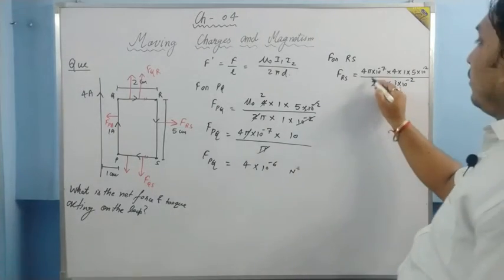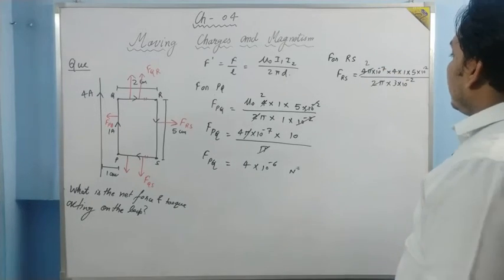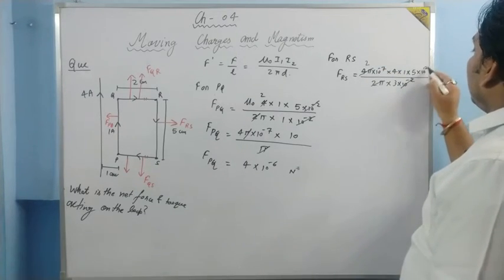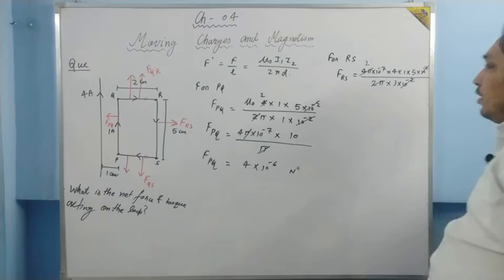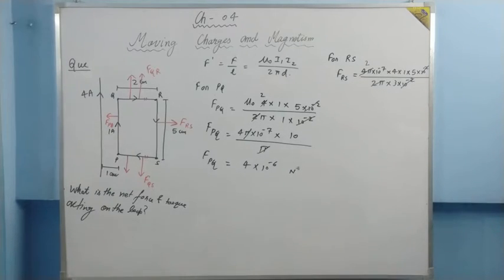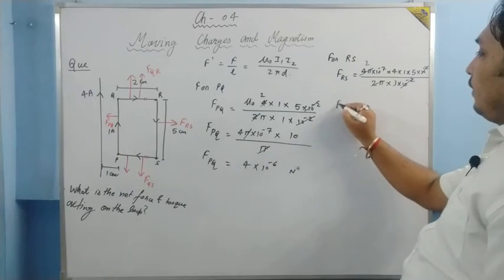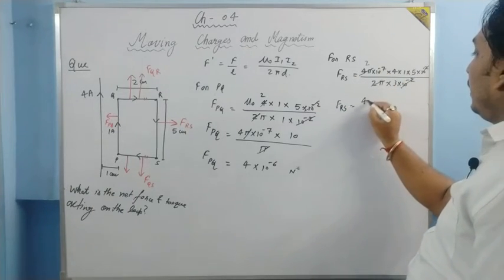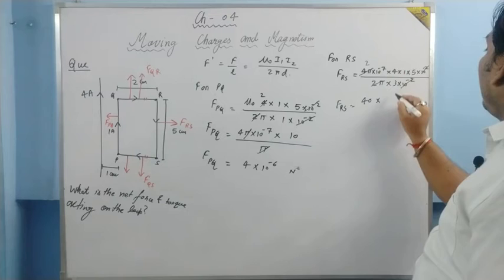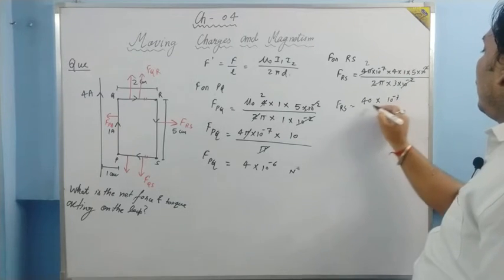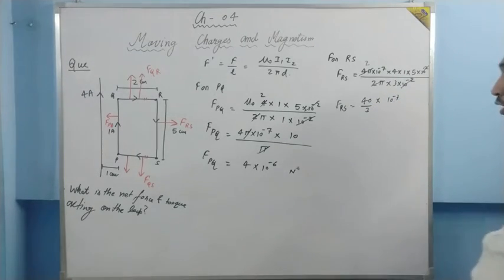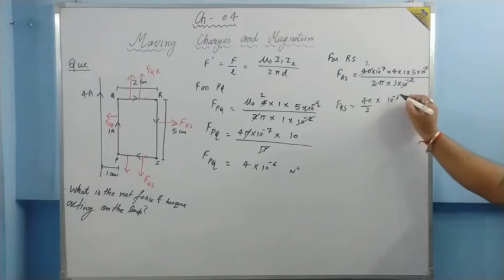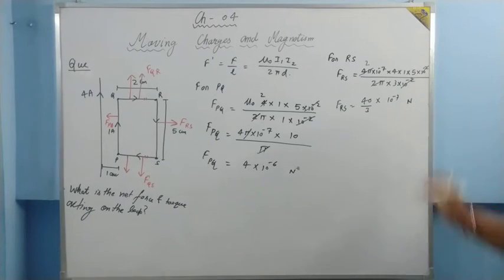Now 2 pi will cut this 4 pi by 2 times, and 10 to the power minus 2, 10 to the power minus 2 will cancel out. Now we don't have anything which cancels. So basically FRS will be equal to 2 4s are 8, 5s are 40 multiplied by 10 to the power minus 7 upon 3. 40 upon 3 into 10 to the power minus 7 Newton. This is the force acting on RS.